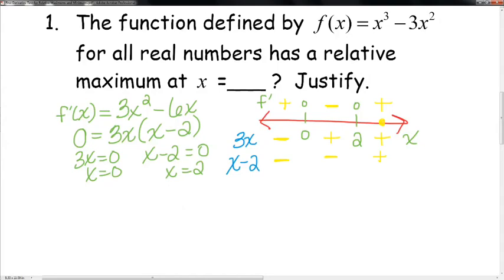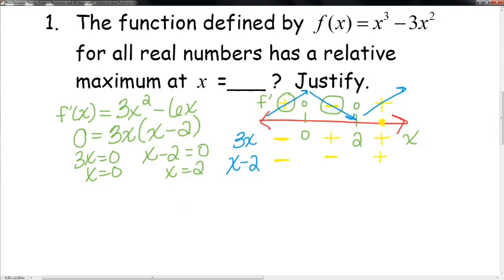And so we're trying to find where our function has a maximum, meaning we're going from increasing to decreasing, or positive to negative. Well, if I'm going from positive to negative, that occurs at 0. I'm going up. That's a positive slope, goes up. A negative slope goes down. And you can see that a maximum occurs at 0. And if you keep on going, you'll see a minimum occurs at 2.